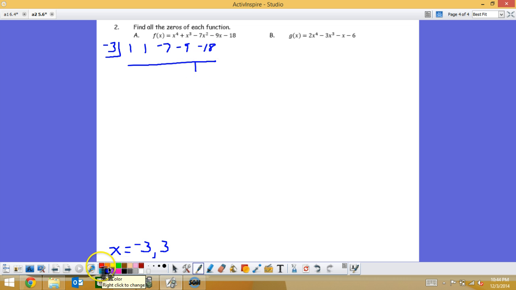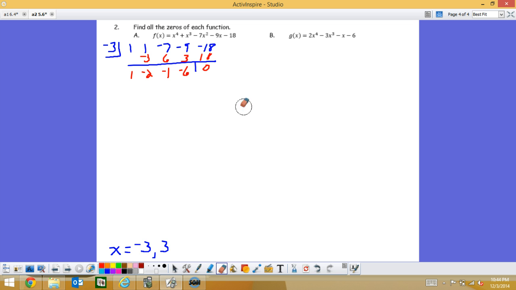So we'll switch over to red, bring down the 1, -3 times 1 is -3, add these to get -2. -3 times -2 is 6, -1 plus 6 is... we get -6, -3 times -6 is +18, and we do in fact end up with a remainder of 0.